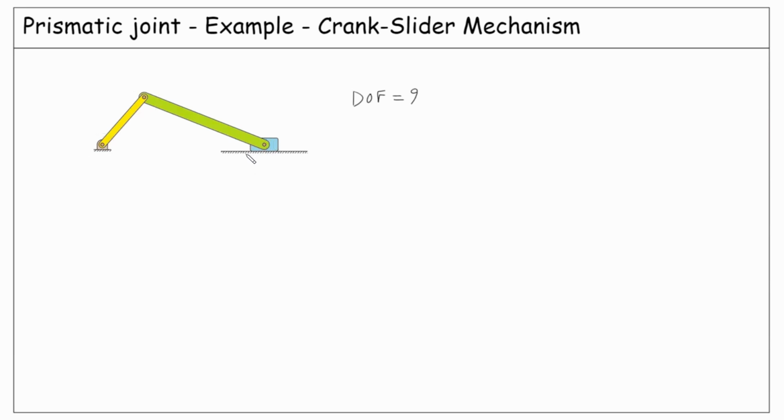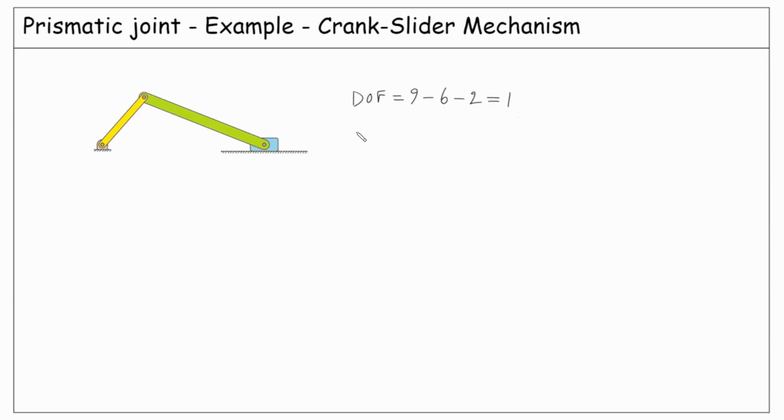Each of them eliminates 2 degrees of freedom, and we will lose 6 degrees in total. We have also 1 prismatic joint between the blue slider and the ground, which takes 2 degrees of freedom. So the degrees of freedom is 9 minus 6 minus 2, which is 1.